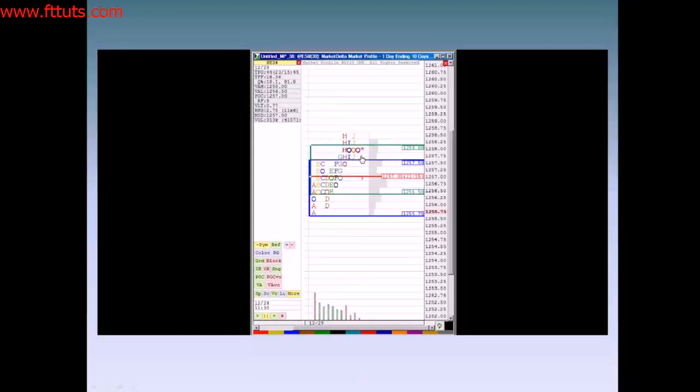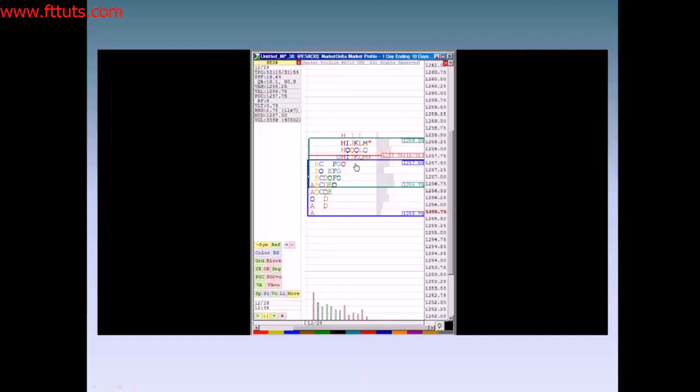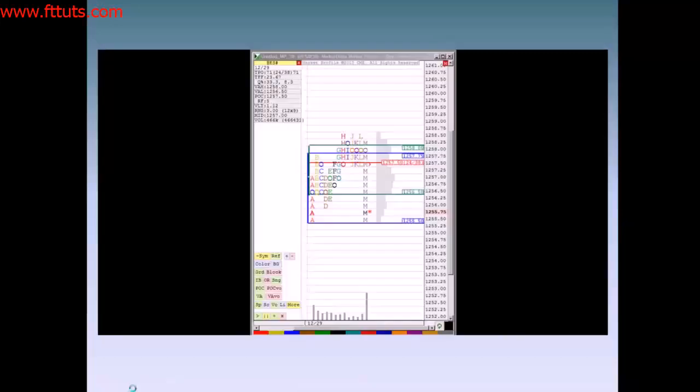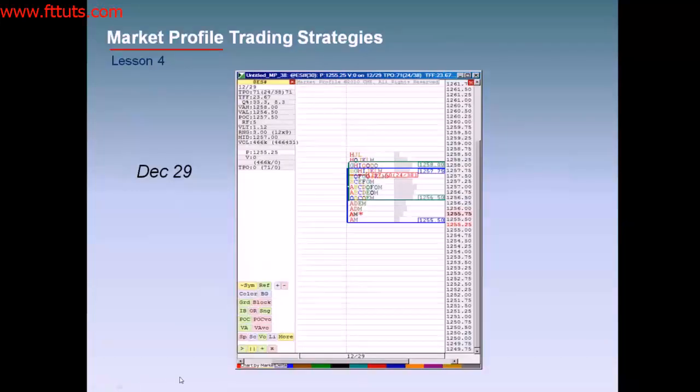Now, notice what happens when prices get out of the value area a little bit. They drop right back into the value area. Whenever you see very limited movement like that, it gives you a clear indication that, in fact, the short-term trader is in control. All right.